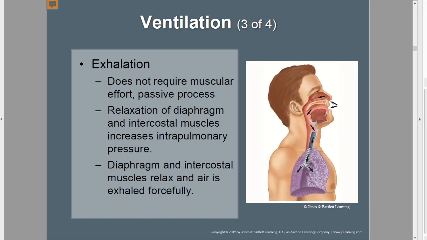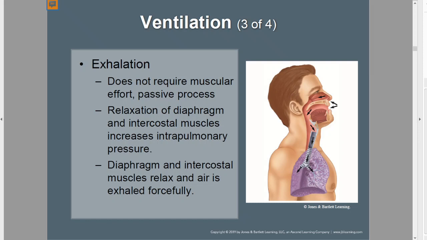So exhalation, right? Exhalation does not require muscular effort in the passive process. So let me explain this. In a normal situation, like me and you right now, hopefully normal, we're not using muscles or energy to exhale.